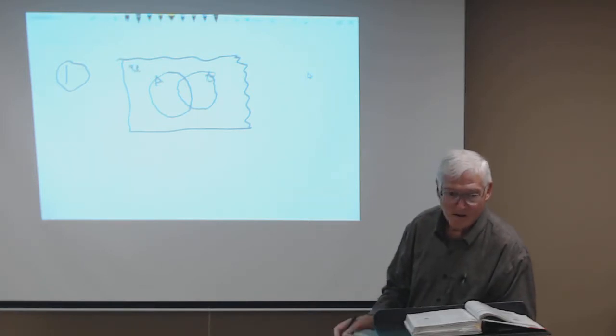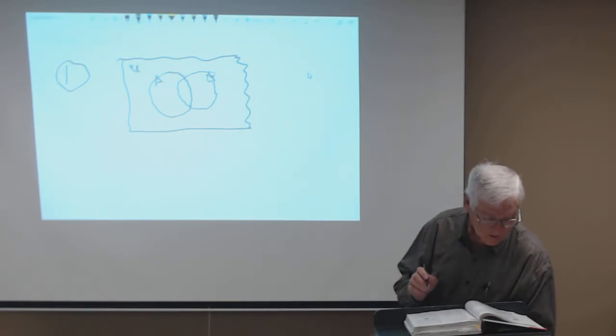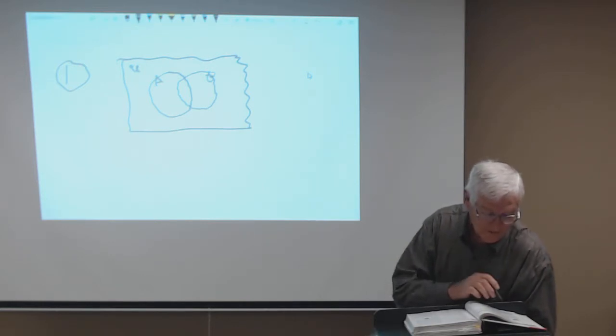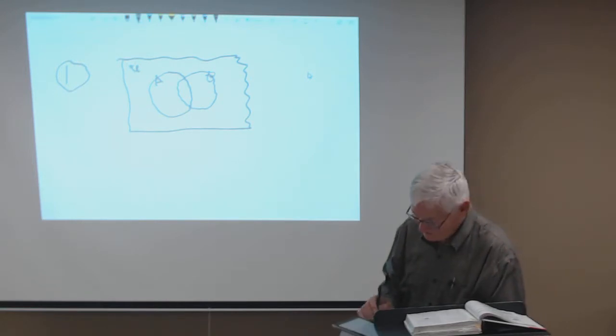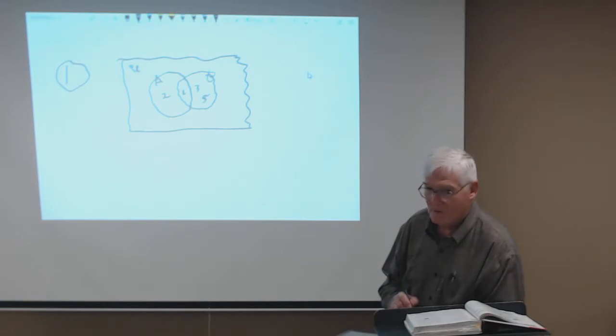Okay? Now, what's in A? 1 and 2. And what's in B? 1, 3, 5. So 1 is in both of them, and 2 is out here, and 3 and 5 are out here. Everybody see what I did?